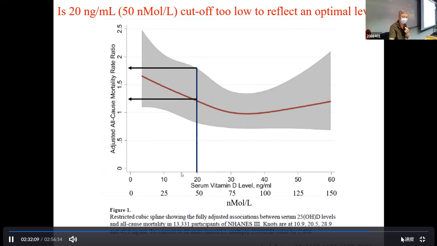Remember, anything below 20 is no good, and the so-called optimum is between 20 and 50. But if we draw a line here and then go across, that means at 20, the all-cause mortality will be higher, okay? Even at this level of 20 that we now accept, okay?